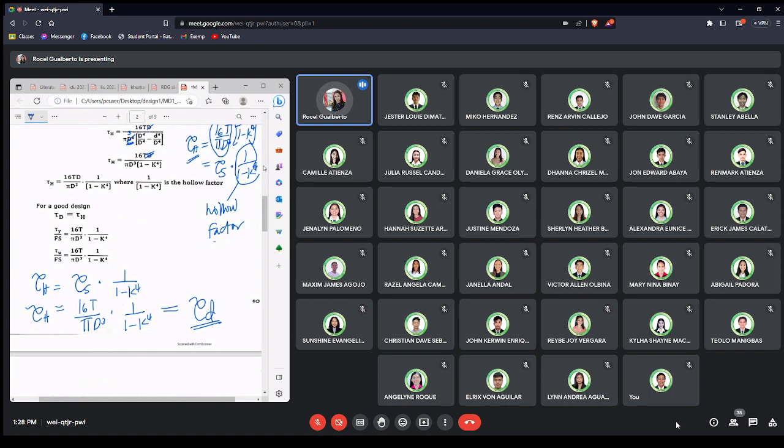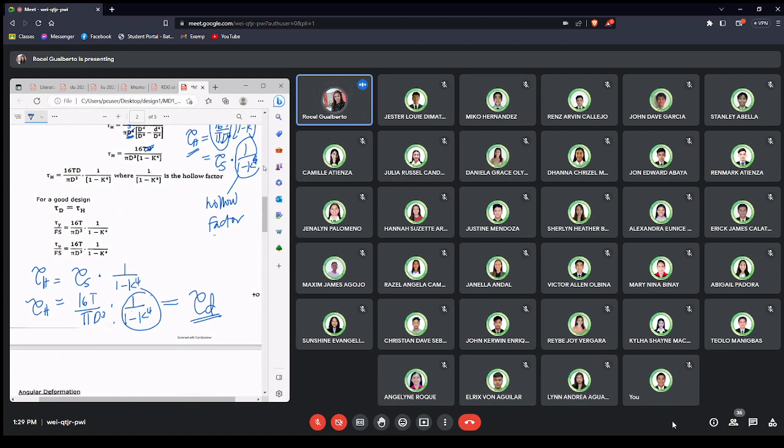So, balik na po ulit tayo dun sa normal design stress natin, tau U over Fs or tau Y over factor of safety. Okay? So, ang same lang po ito doon sa members under pure torsion. In-introduce lang po natin dito itong hollow factor. So, anong ibig sabihin? Kapag siya solid, mawawala ito. Idadagdag mo lang siya kung siya ay hollow. But then you have there the same equation. Okay? So, yan po ay base dun sa induced stress.